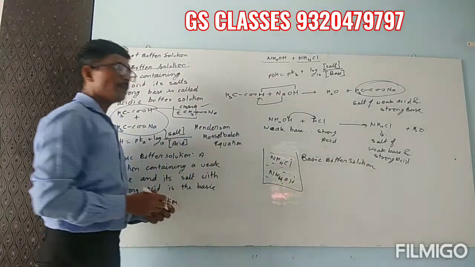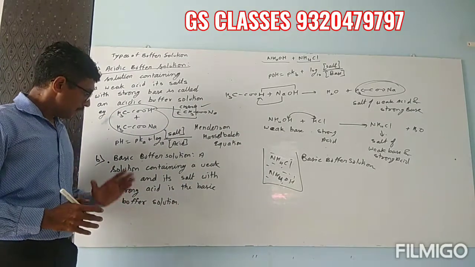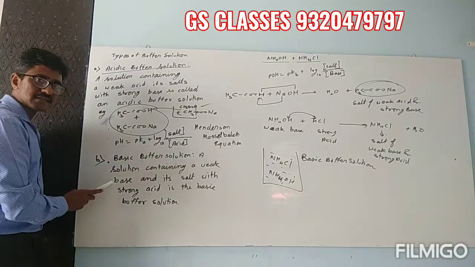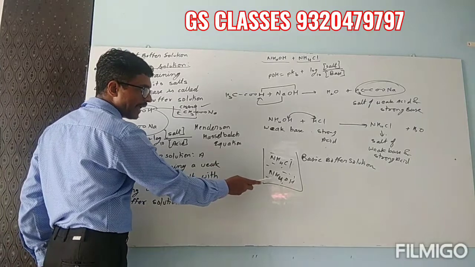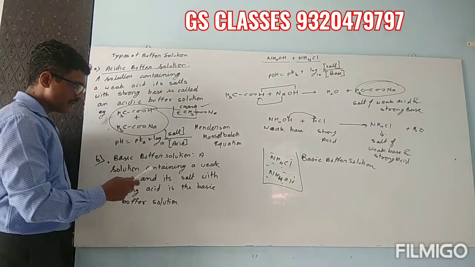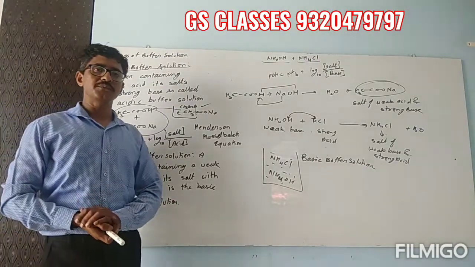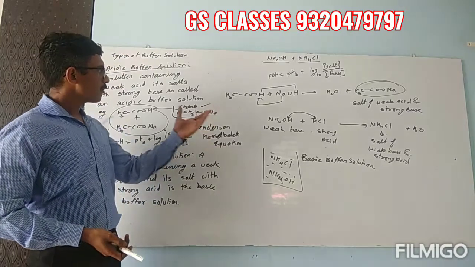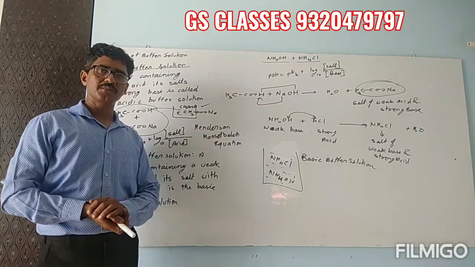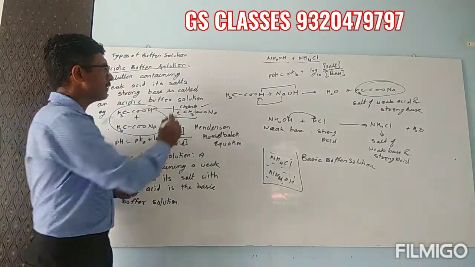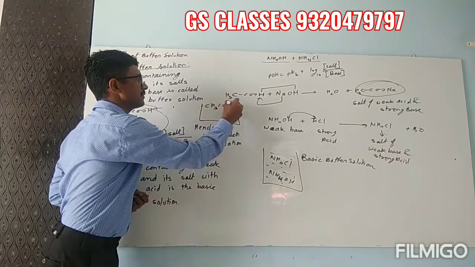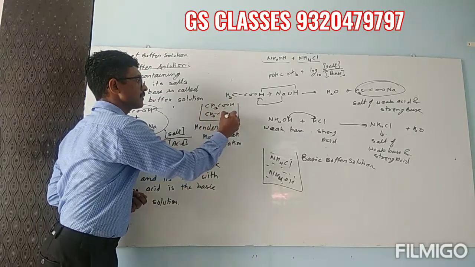Again the definition: a basic buffer solution is a solution containing a weak base and its salt with a strong acid. Now children, we have got the acidic buffer solution as well as the basic buffer solution. In the acidic buffer solution, I am adding a weak acid like acetic acid and its sodium salt.